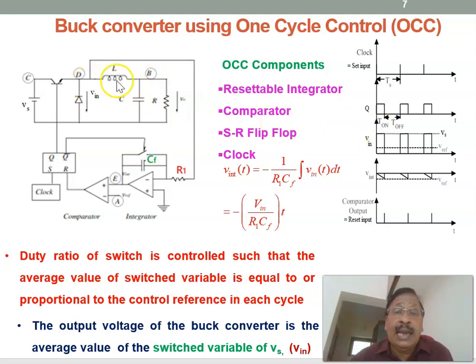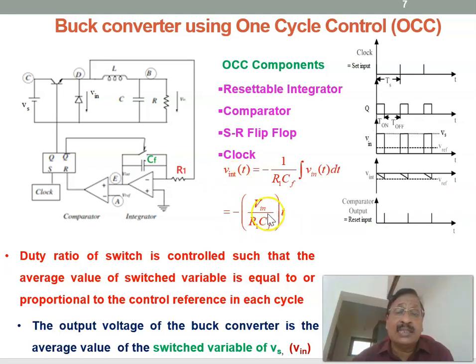VD, and that VD is given as an input to the integrator. It's a resettable integrator, and the input is given to the inverting terminal. When a constant is given to an integrator, you know the output is a straight line. Since it is given to the inverting input, V integrator equals minus 1 by R1 CF integral V in dt, which is equal to minus V in divided by R1 CF into T. V in divided by R1 CF is a constant.